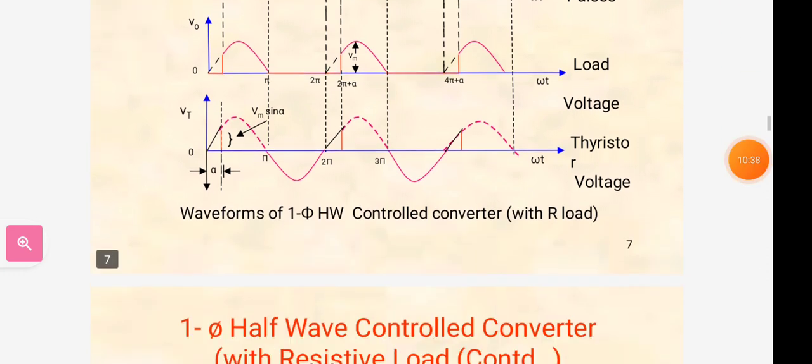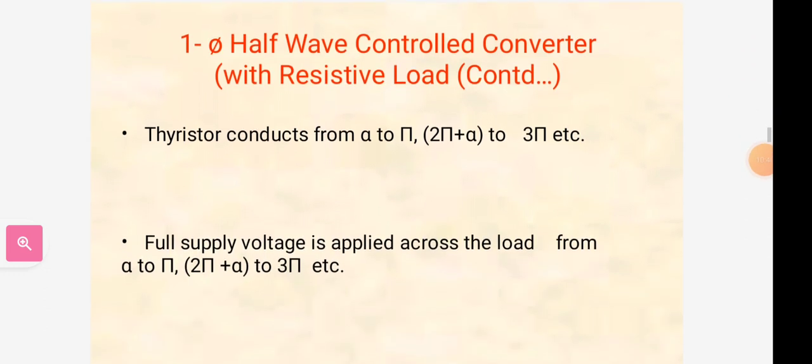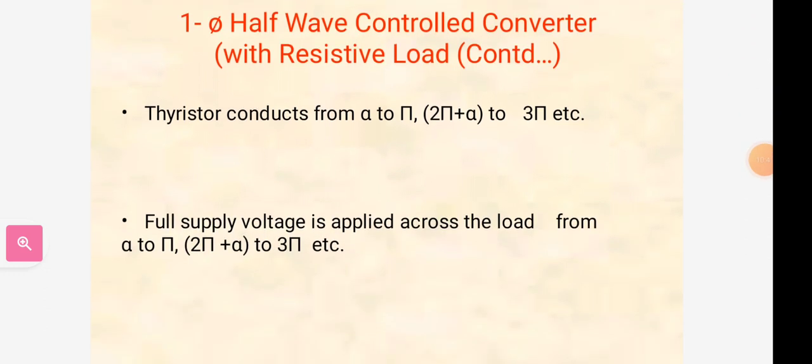Here, the thyristor conducts from alpha to pi, then 2 pi plus alpha to 3 pi, and so on. So the cycle repeats, and the full supply voltage is applied across the load from alpha to pi, and 2 pi plus alpha to 3 pi.